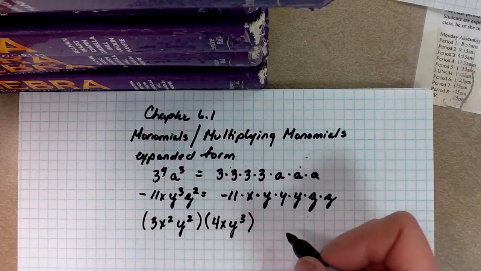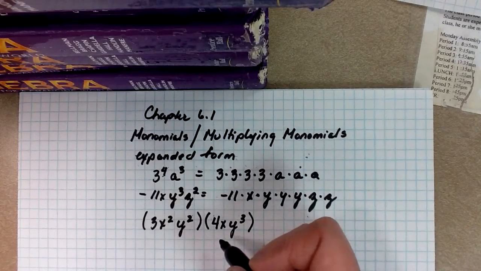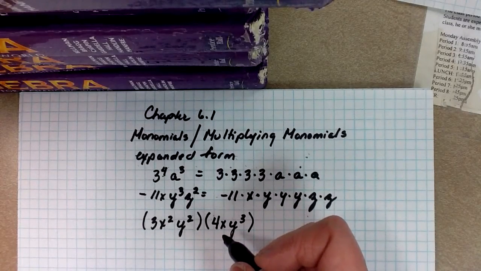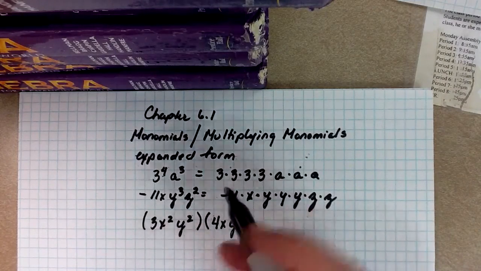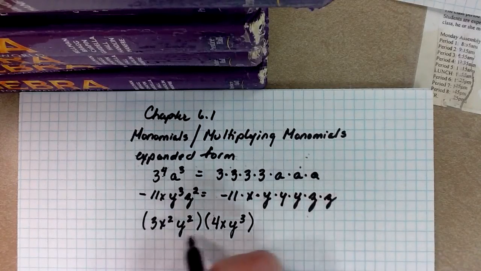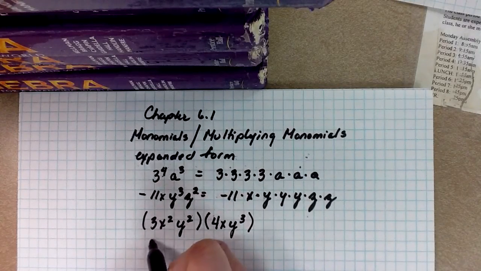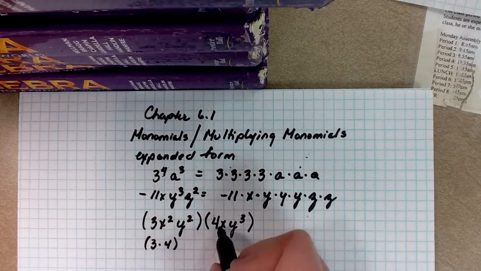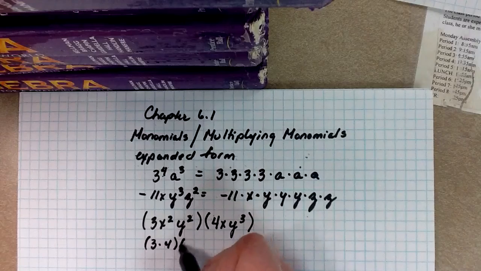Look at your two coefficients, and because of the rules of the associative property and the commutative property, we know that we can pull this out. Order doesn't matter, grouping doesn't matter when we're dealing with multiplication. So we're going to take the 3 and multiply it by the 4. So pull those two out and deal with them. Then find the two that are the same in the next group.